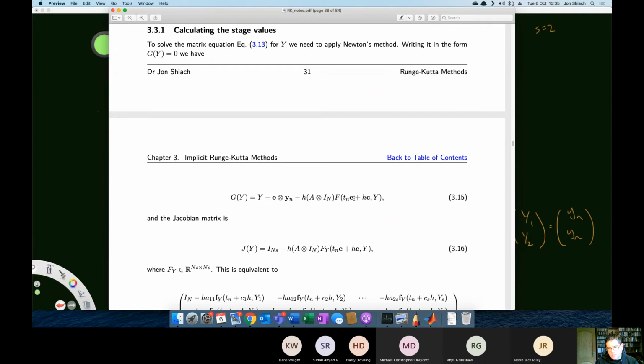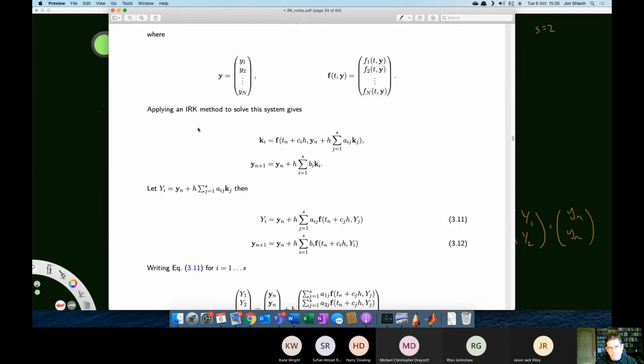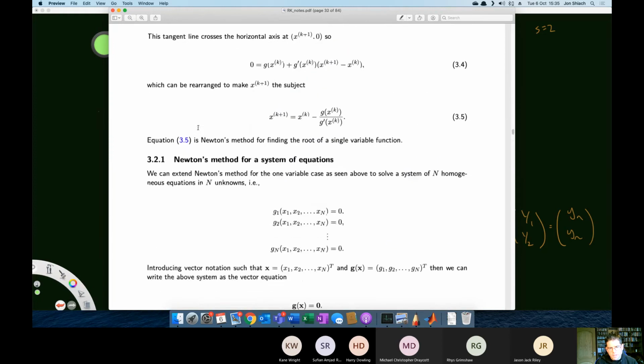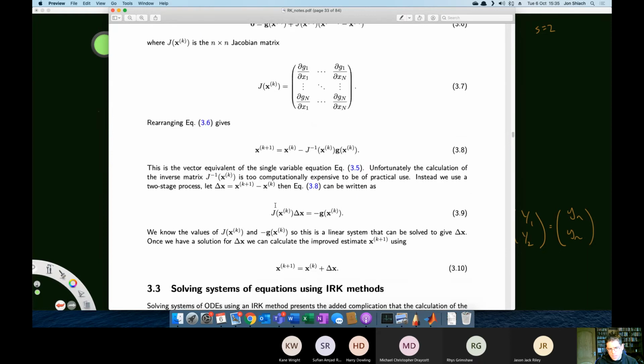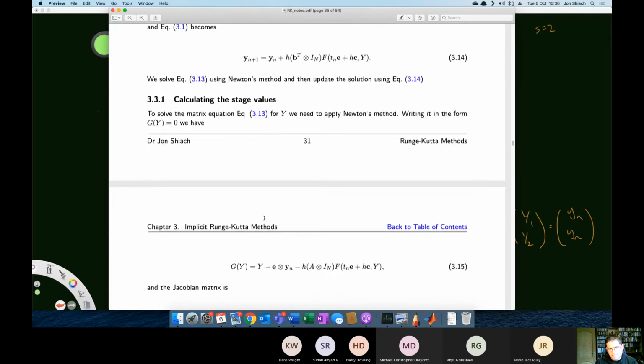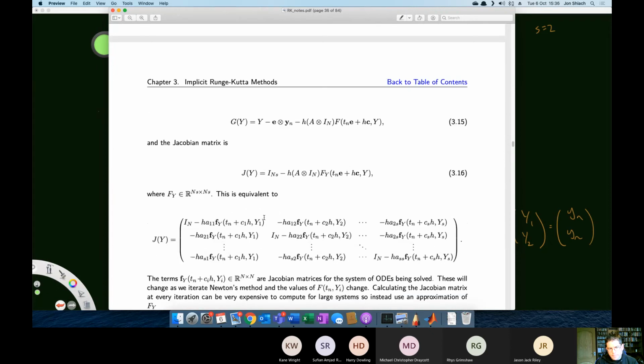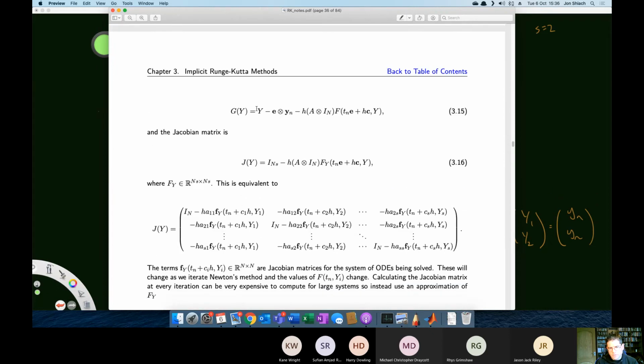Now we need to differentiate this, or calculate the Jacobian matrix, in order to use Newton's method. If I go back up to the matrix form of Newton's method, we need that Jacobian matrix. So that's just this differentiated with respect to big Y.